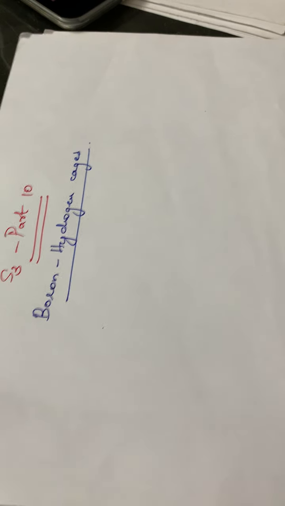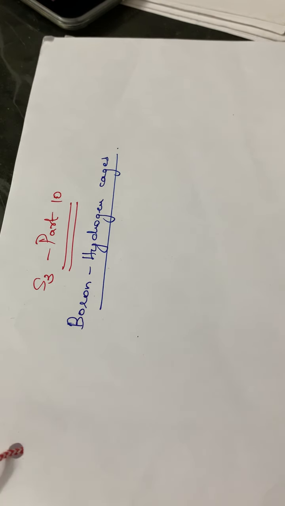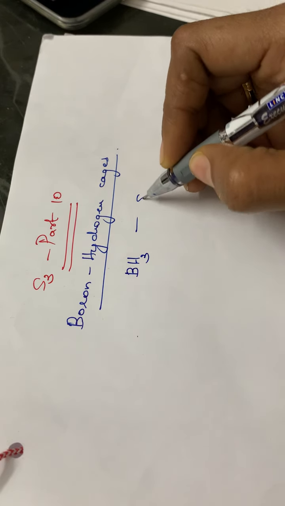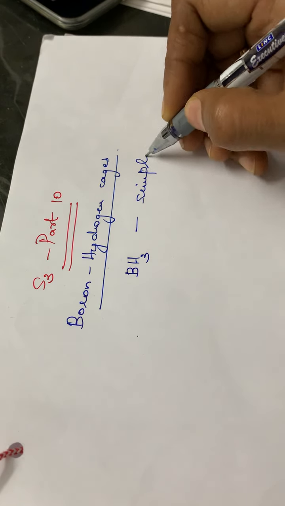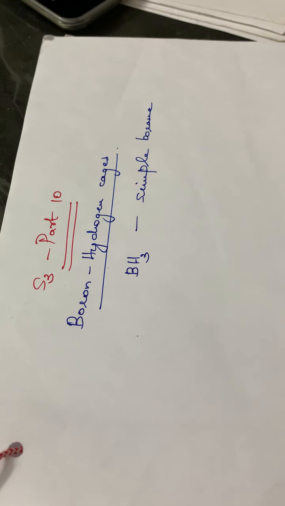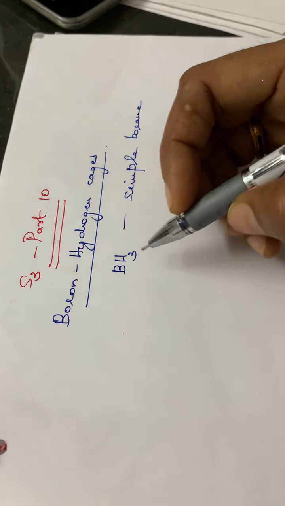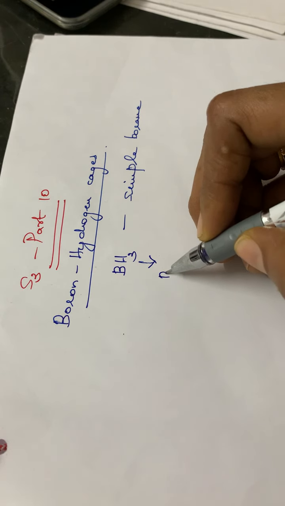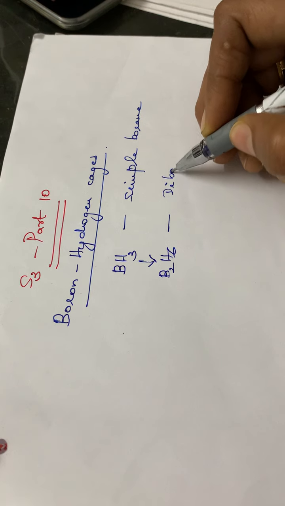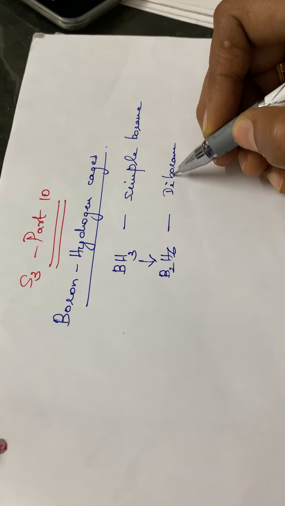Okay. So borane, the simplest borane, is BH3. Simple borane. And if this BH3 molecule undergoes dimerization, it becomes B2H6. That gives our diborane, isn't it? Diborane.